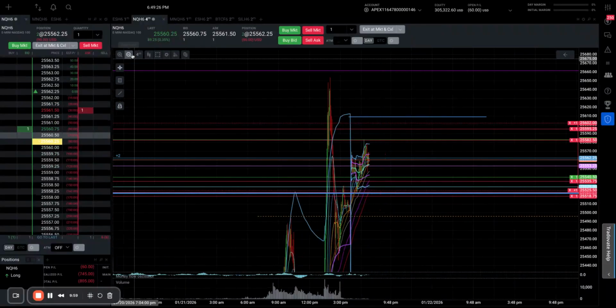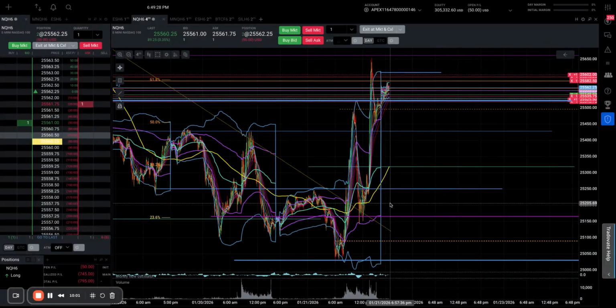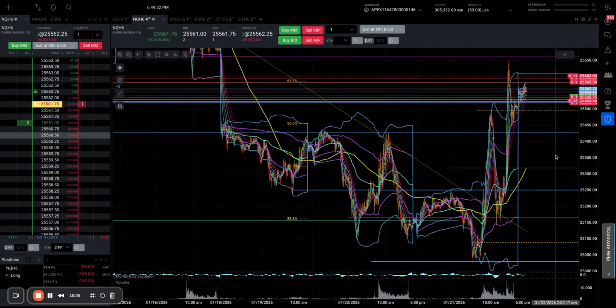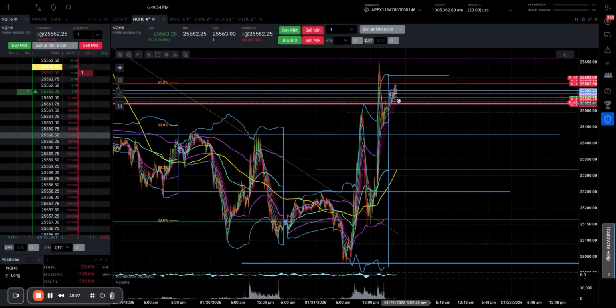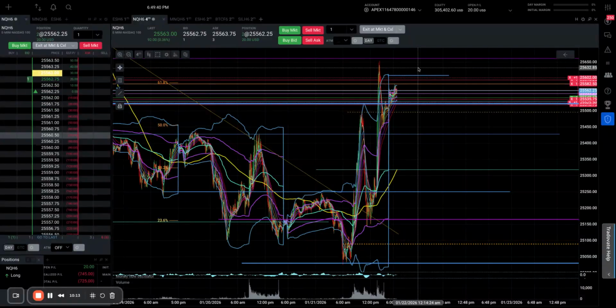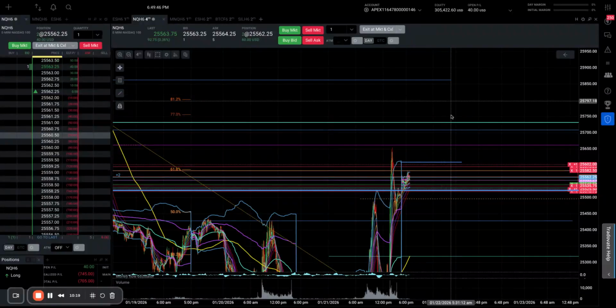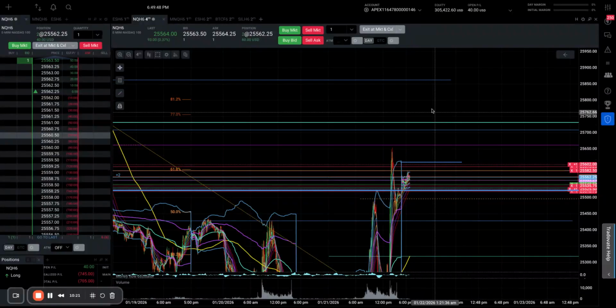So based off how everything's looking in this big power move we did today, as long as we can continue to hold above this price now here, 25,600. Okay, we need to hold above 25,600 so we can keep this continuation going up here.